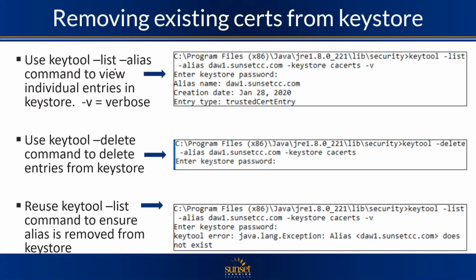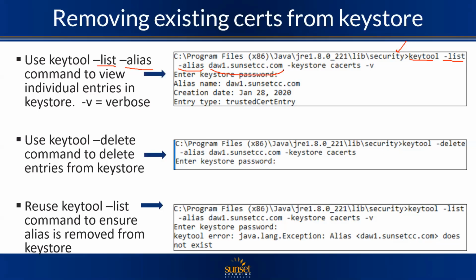Up top, I'm doing a Keytool -list command. And now I'm adding on an alias switch with that command to see an entry. So I'm trying to do a Keytool -list command in that CA certs folder. And instead of just doing a -list, I'm throwing a -alias in there as well. And the alias is whatever alias somebody provided when they added that entry.